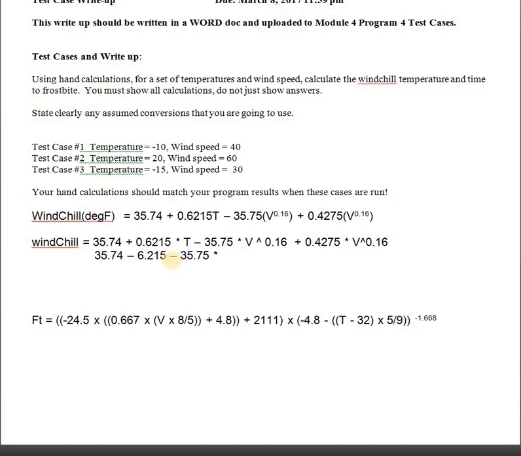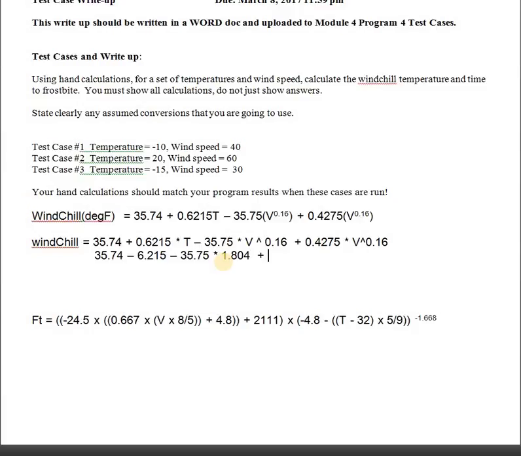Now we're going to need to use the POW function. We will use the POW function when we are calculating, but for now we're going to just use a calculator to figure out that v, our velocity, 40 miles per hour, to the 0.16 power is 1.804.